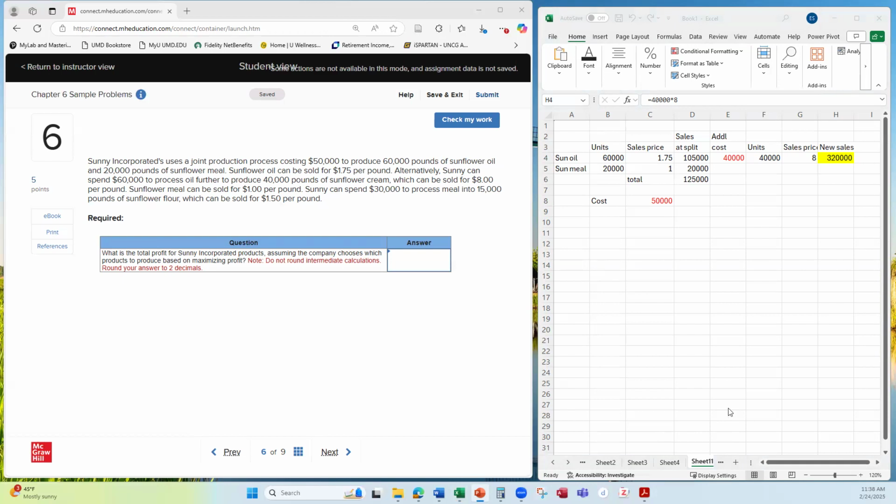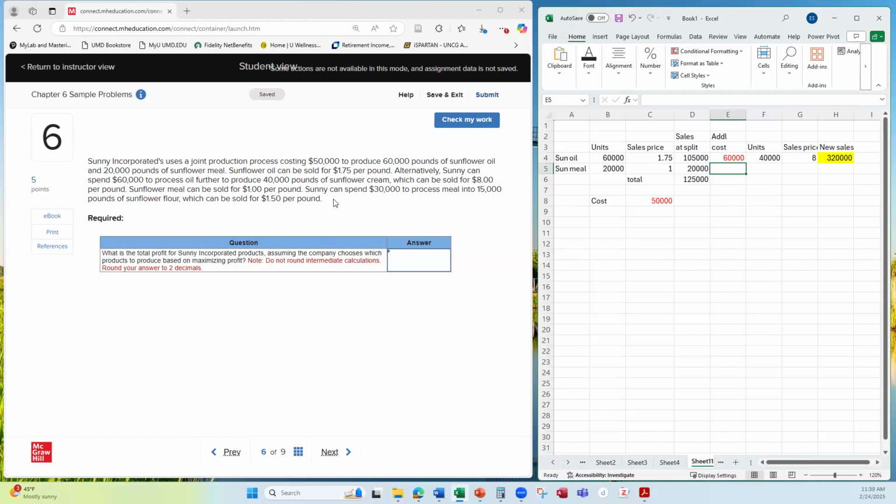So in this case, let me look here. Make sure I've got all my costs. $50,000 up here. Okay, we can spend, oh, sorry, $60,000, not 40. Let me make sure I've got the right one. I'm just reading through. 40,000 pounds of sunflower cream, sell for $8 a pound.